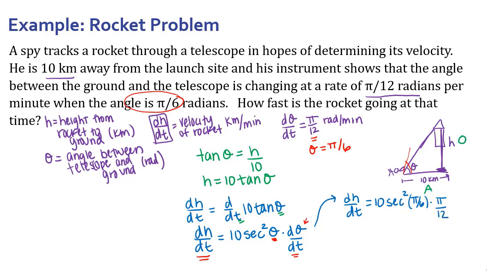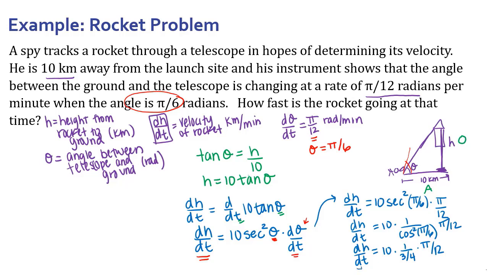All right, so that's going to give me, so secant squared is the same thing as 1 over the cosine squared of pi over 6, all still times pi over 12. So that gives me dH over dt equals 10 times 1 over 3/4 times pi over 12.